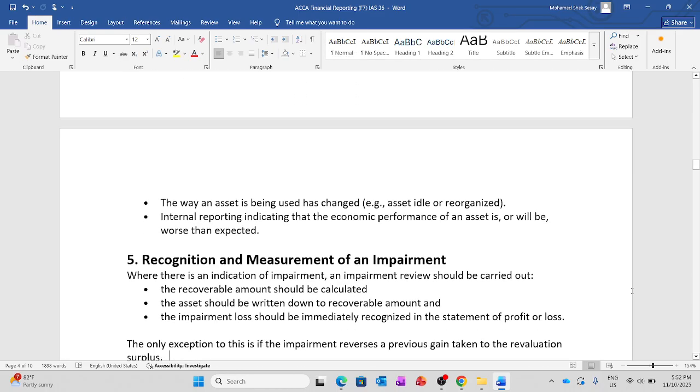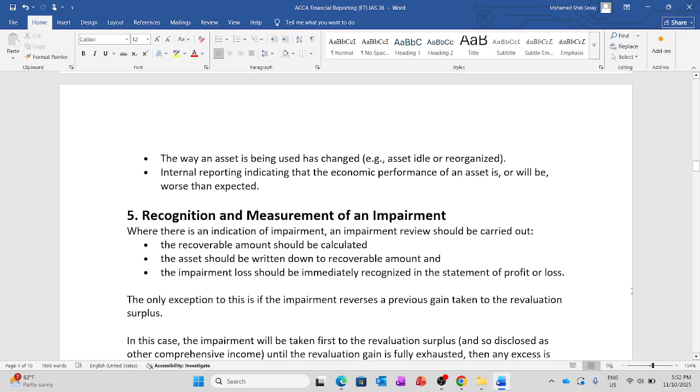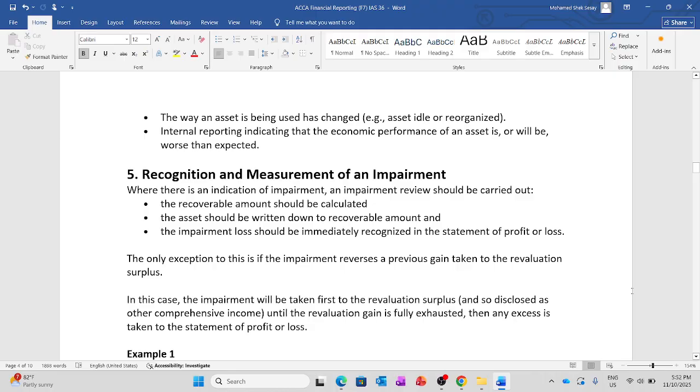So now, very good. We are going to look at the recognition and measurement of impairment. Where there is an indication of impairment, an impairment review should be carried out. When there is an indicator of impairment, automatically we need to carry out an impairment review. Carrying out an impairment review means we need to calculate the recoverable amount.